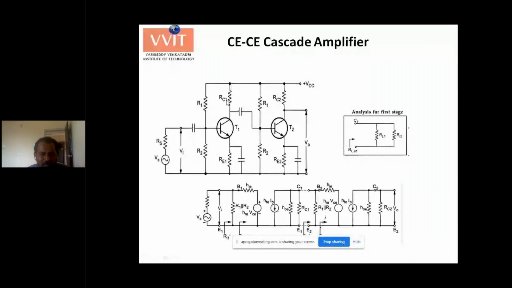Whatever the output resistance of the first stage, the signal is coming from this point. Therefore, this point will act as the source to the second stage. Even though physically the source is connected to the first stage, the source is coming for the second stage from stage 1. So whatever resistance you have at this point will be the source resistance for the second stage.